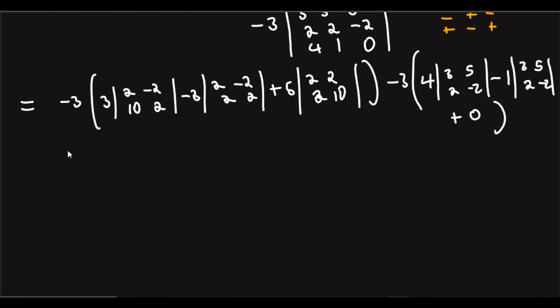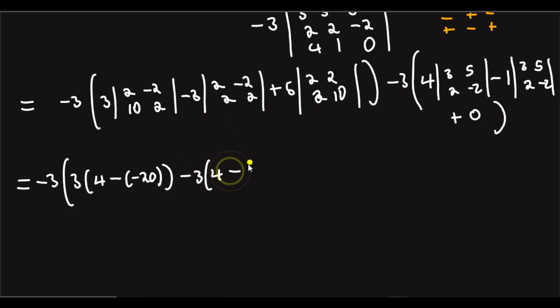Okay, so now let's go on and expand this very nicely. In here I have 3 into 2 times 2, 2 times 2 is 4, so here minus, then minus 10 times negative 2, which is negative 20. Okay, negative 20, then here minus 3 into 2 times 2, it's 4, minus into minus 4.